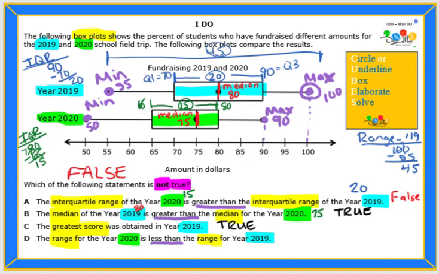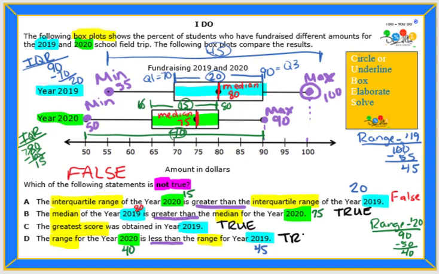Now I can find the range for 2020, which would be the maximum of 90 and the minimum of 50. So 90 minus 50 is 40. The range for the second box plot is 40. So we know that this one was 40 and 2019 was 45. Is 40 less than 45? Yes, it is. So this is also true.